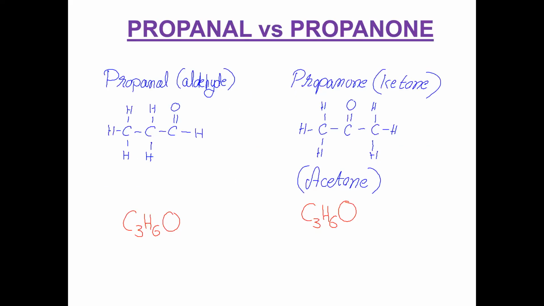Look at the second example. Propanol versus propanone. They are two different families. They are two different functional groups, but their molecular formula is the same. This is called functional group isomerism.